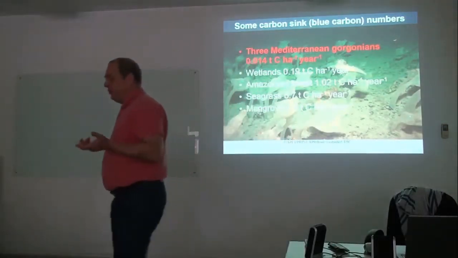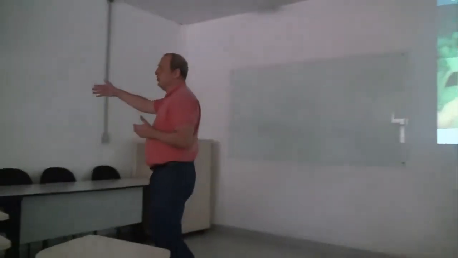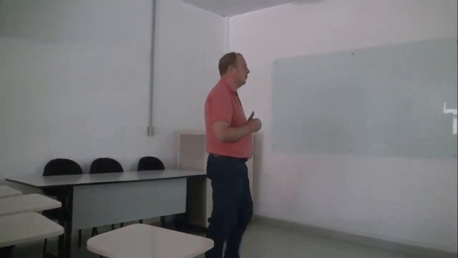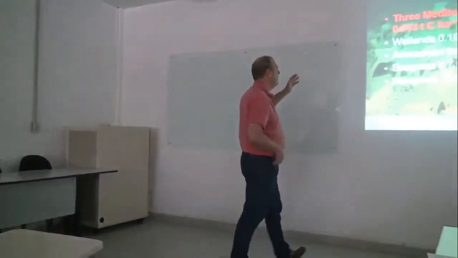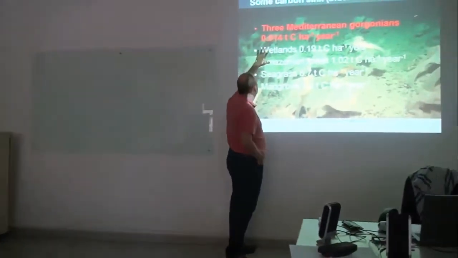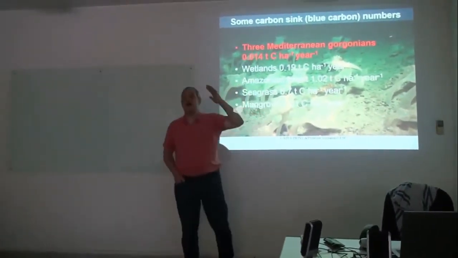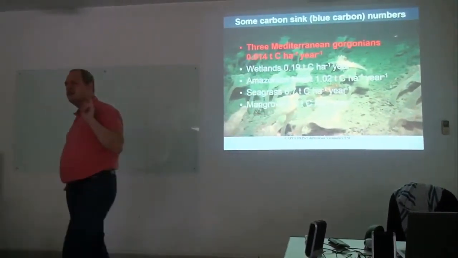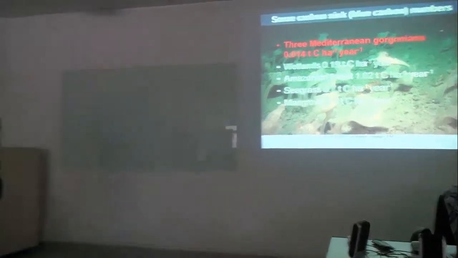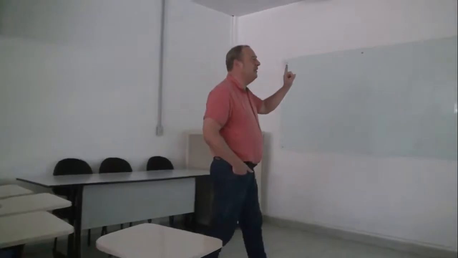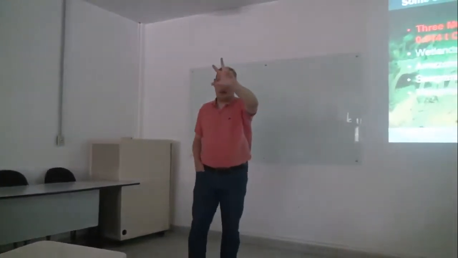And you would say, thank you for participating, Sergio, but your Gorgonians are really a bad storage organism. As we see, these are the champions, and this is really very far away. But I have to say two things in defense of my Gorgonians. The first thing is that these are only three Gorgonians.